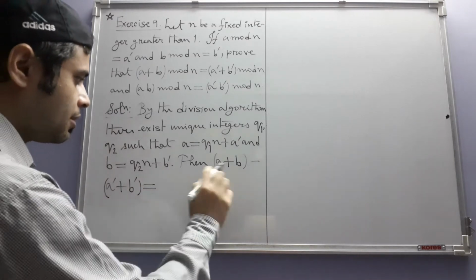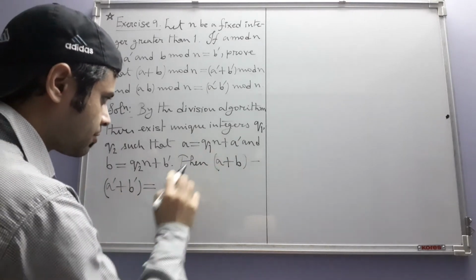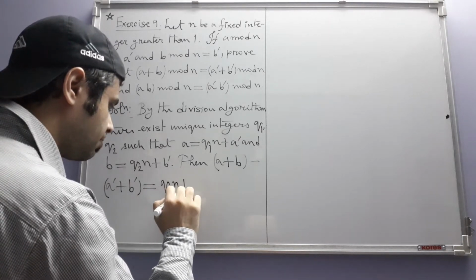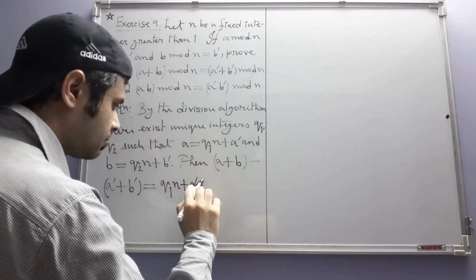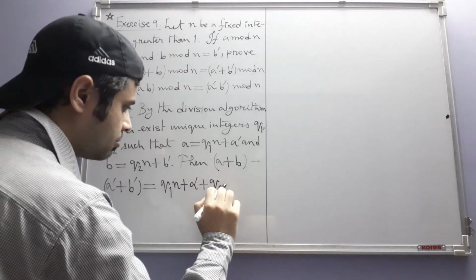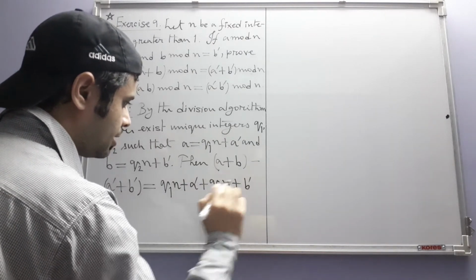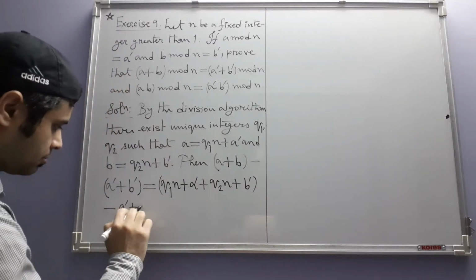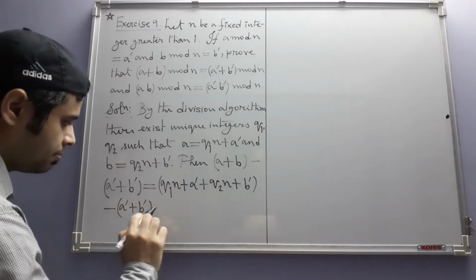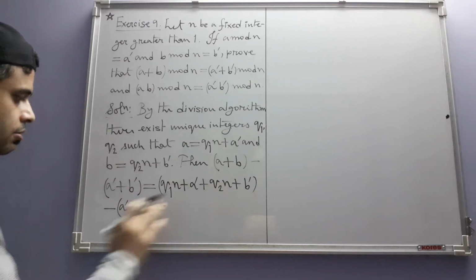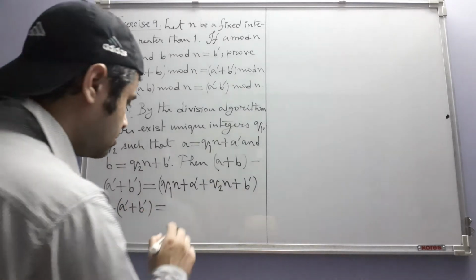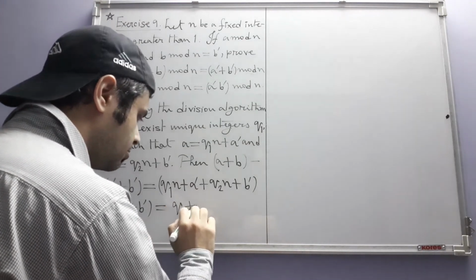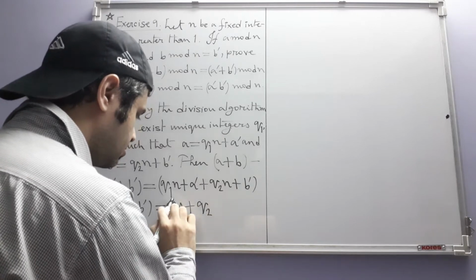So if we just simply substitute these expressions for a and b, we would get q1n plus a prime plus q2n plus b prime minus a prime plus b prime. So these two things will cancel out and we will be left with q1n plus q2n, which can be written like this.